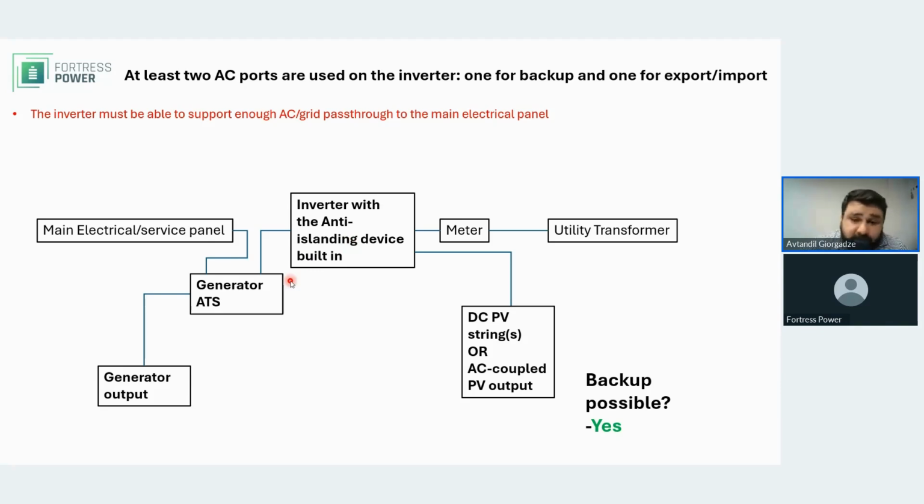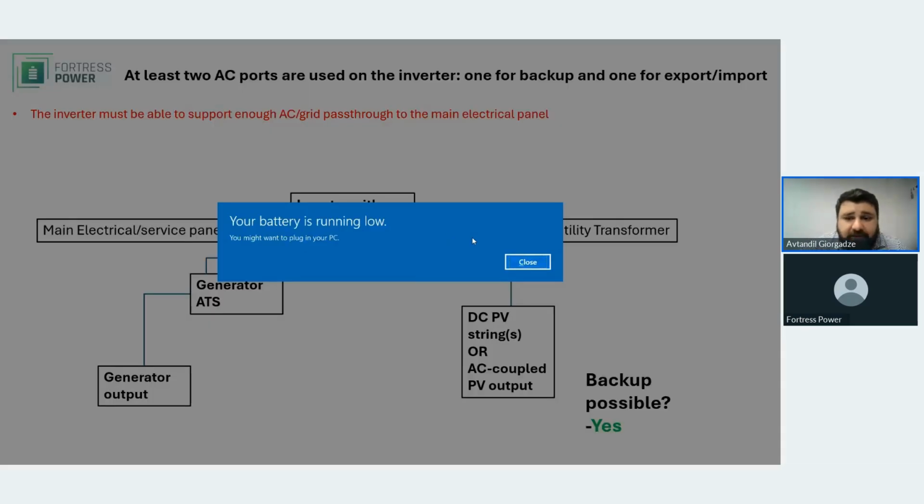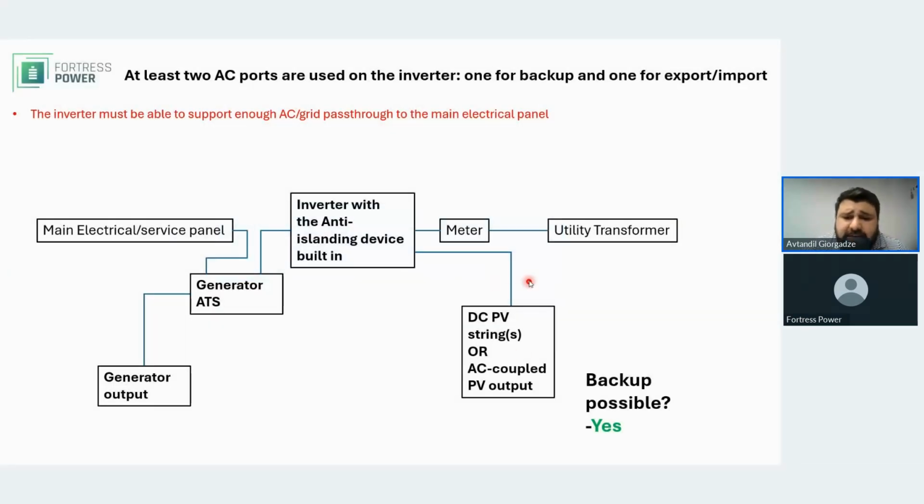And then let's say the generator was running, grid is still not available, and all of a sudden the grid power came back, right? Then the generator ATS will change the position and will rely on the grid to deliver power to the loads, and the generator will be turned off.